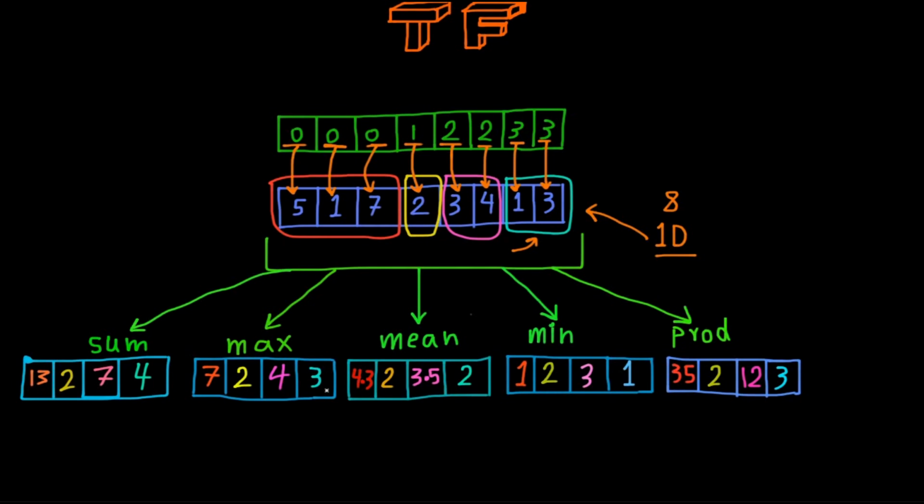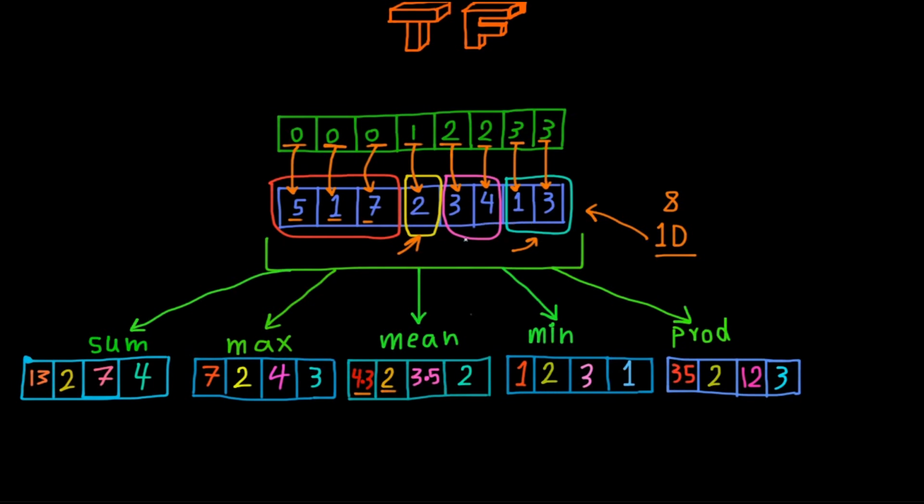And we can also take the mean for each group. Let's say we want to take the mean for 5, 1, and 7. 5 plus 1 plus 7 divided by 3. So the result equals 4.3. The mean for this group is 2 itself.